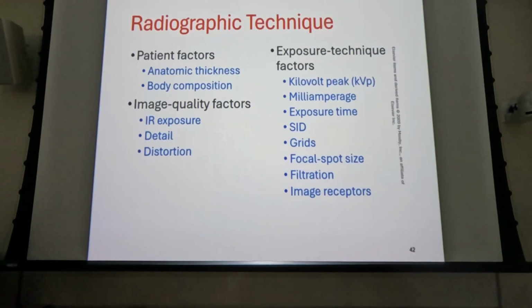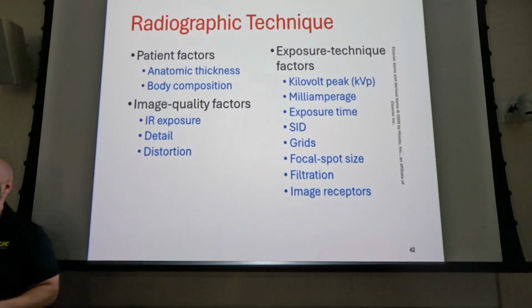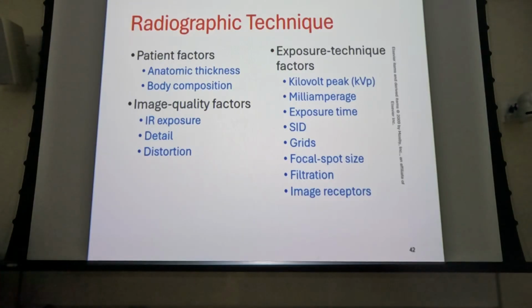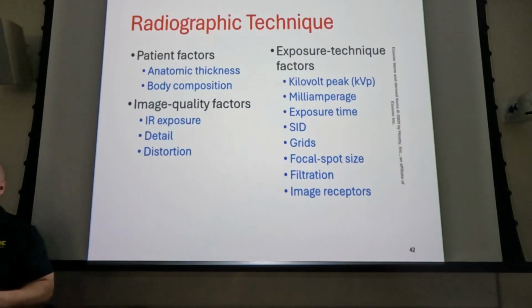For example, CR is 200 speed as opposed to DR and film, which are both 400 speed. So the exposure you would use on a CR cassette, if you made that exposure on a DR cassette, would be twice as much as what you need.